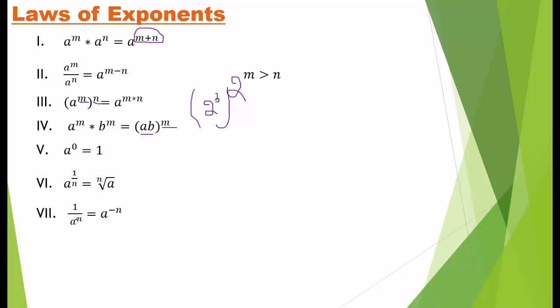If the number is in the denominator, then the power will get a minus symbol. If I am writing here 1 by 2 raised to power 6, this equals 2 raised to power minus 6.